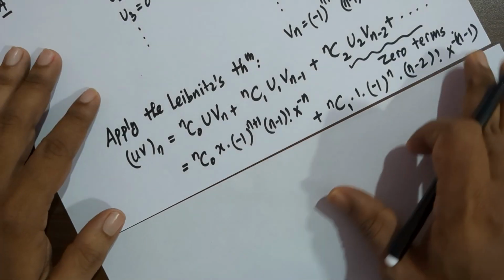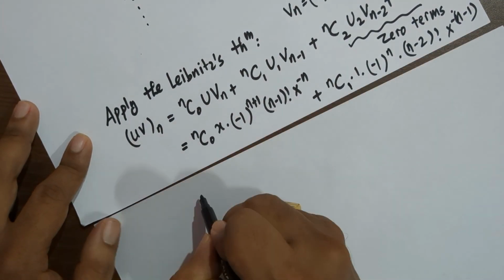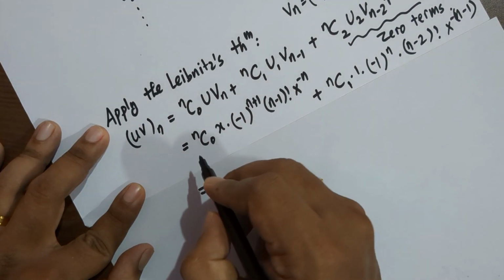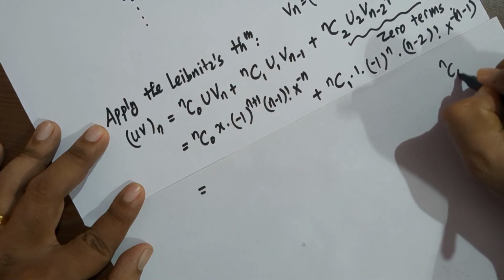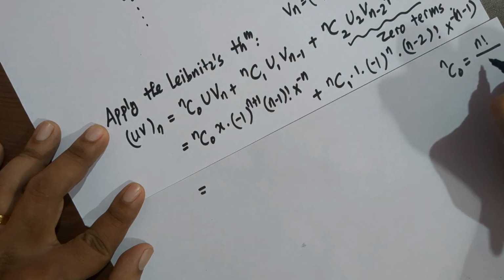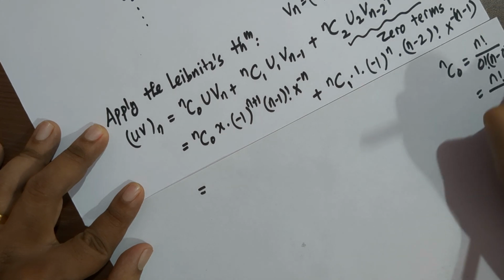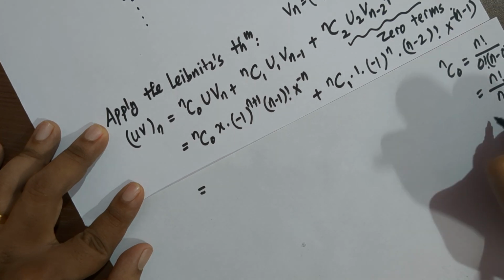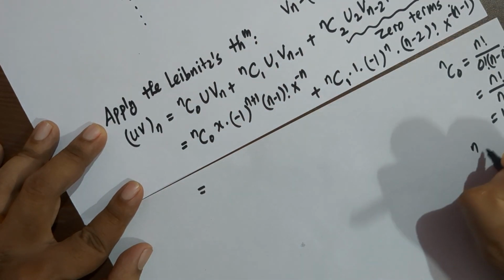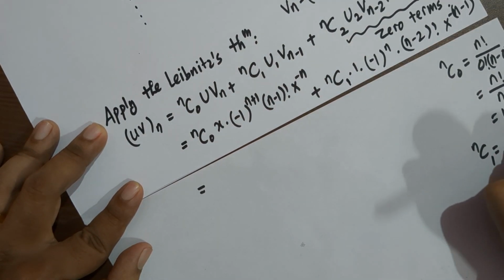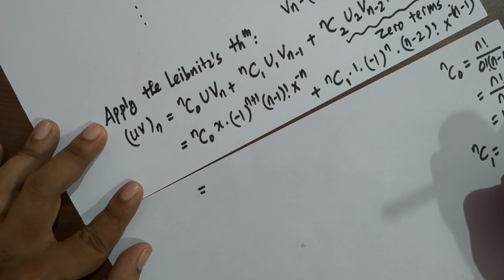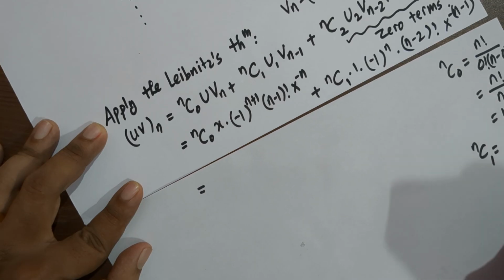So let's simplify. Now we have, what is nC0? nC0 is n factorial over 0 factorial times n minus 0 factorial. What is 0 factorial? 0 factorial is 1. So it is n factorial over n factorial, so it is 1. And what is nC1? nC1 is n factorial over 1 factorial times n minus 1 factorial, which is n, because in n factorial we have n times n minus 1 up to 1, and here we have n minus 1 up to 1, and they will be cancelled and we have only n.